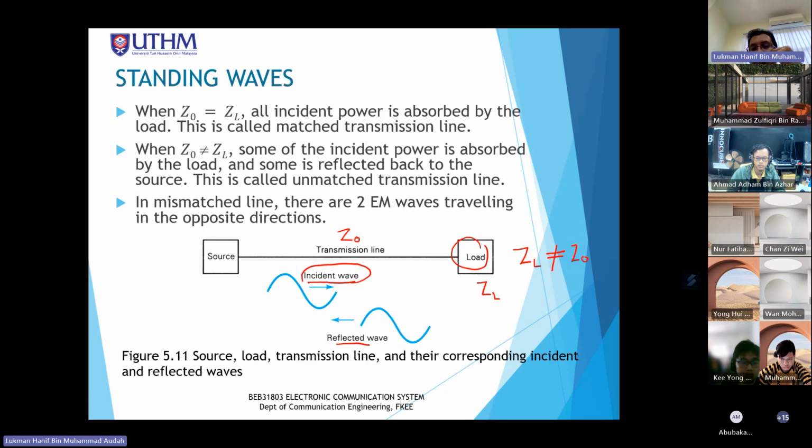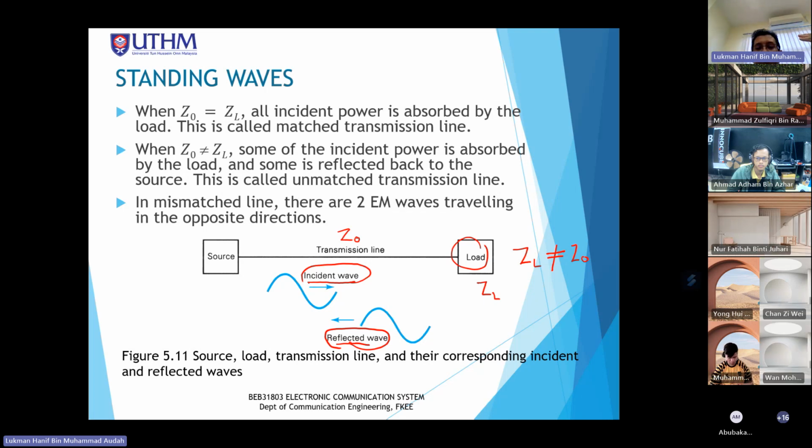If the load impedance is not equal to the characteristic impedance, that means some or all of the incident wave will be reflected back to the source, as a reflection. Only if the load impedance is not equal to the characteristic impedance, there's going to be reflection. Some or all of the incident wave will be reflected back to the source.